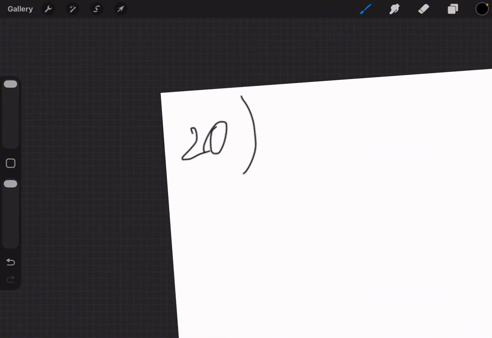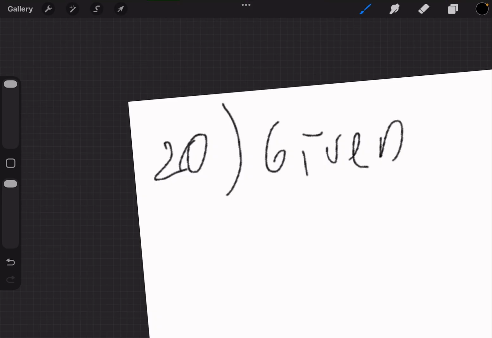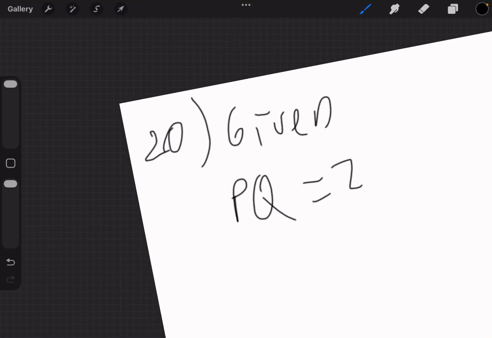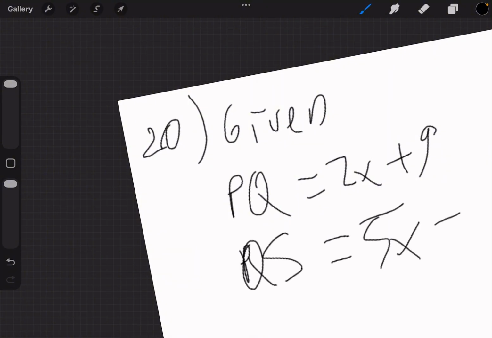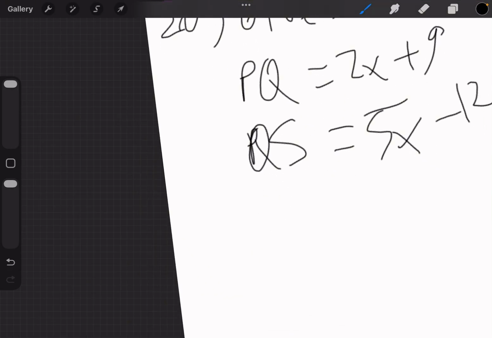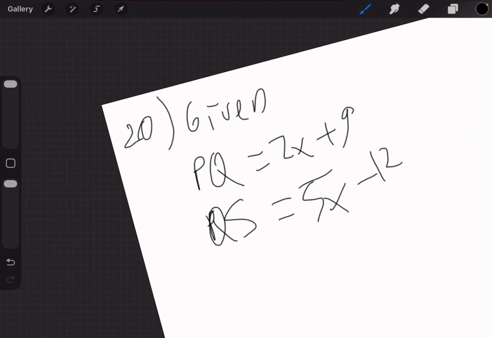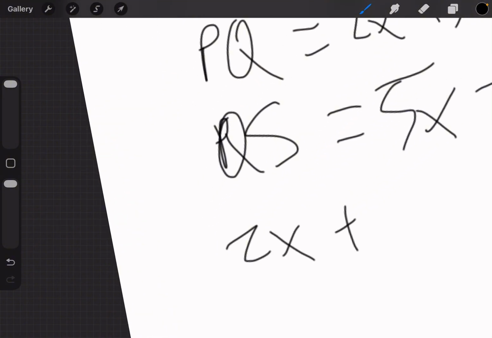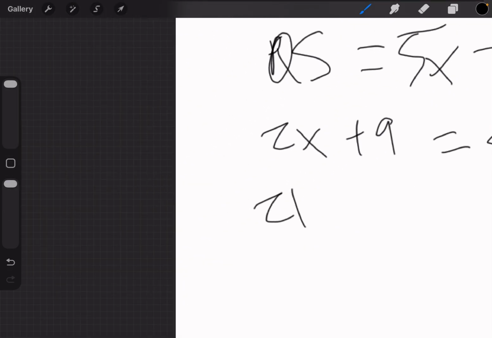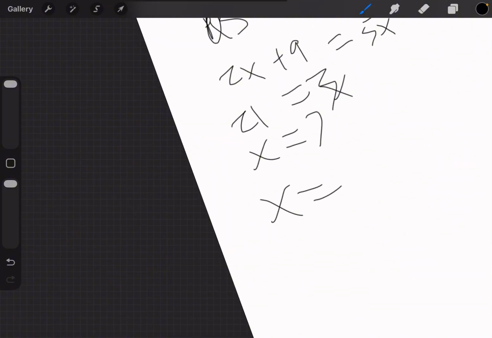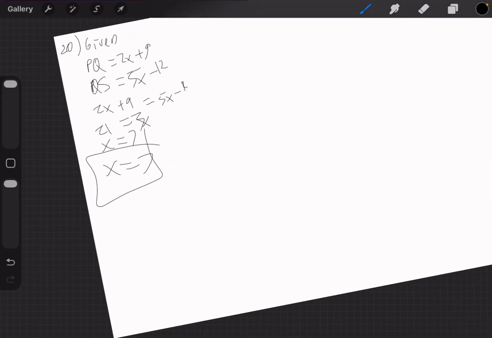So if PQ and QS are bisected, they are equal, so we set them equal. So 2x plus 9 equals 5x minus 12. 21 equals 3x, so x equals 7. So our final answer would be x equals 7.